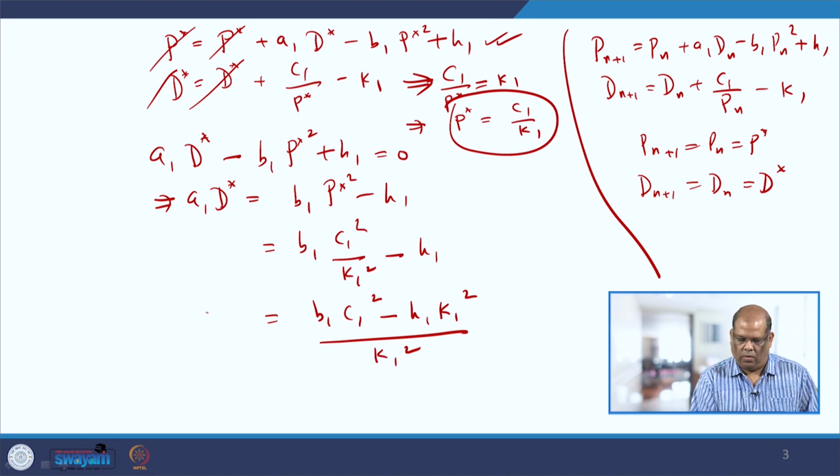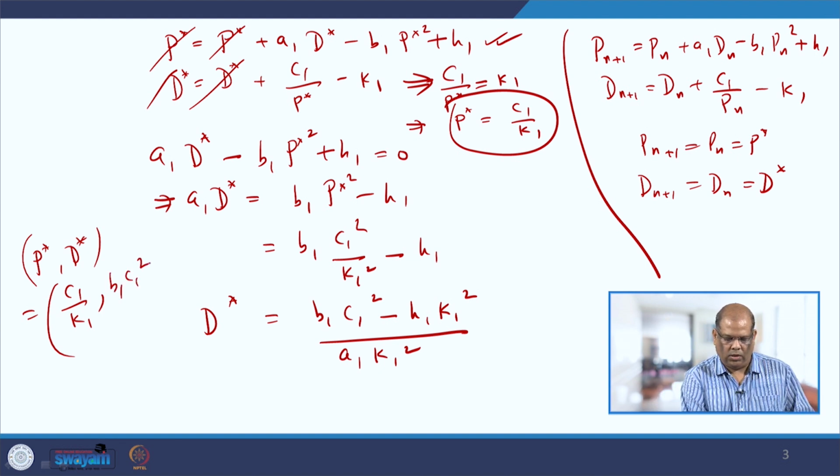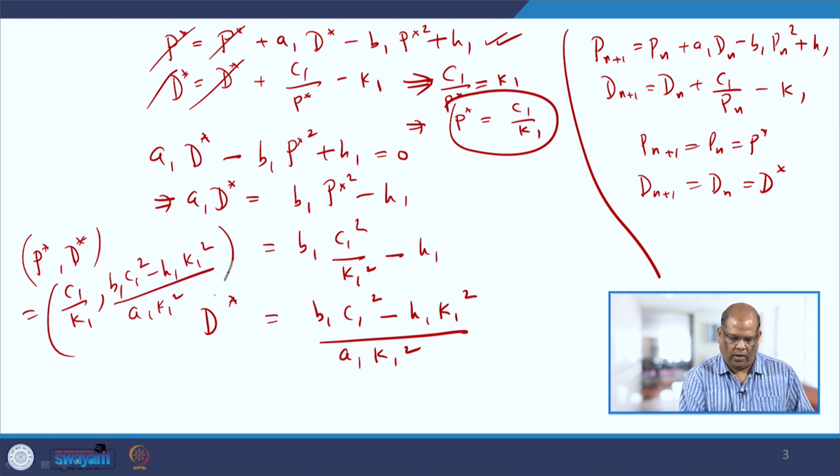So your D star will be this divided by A1. So your equilibrium point P star, D star is given by C1 by K1 and B1 C1 square minus H1 K1 square divided by A1 K1 square. So this is your equilibrium point.